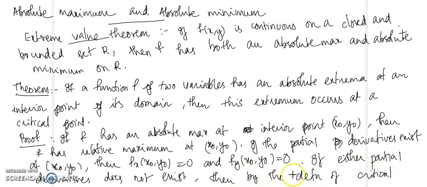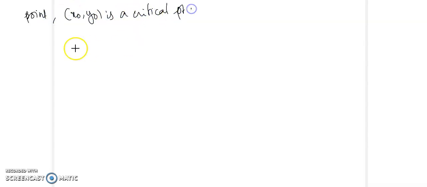So if the partial derivatives do not exist, then by the definition of critical point, again (x0, y0) is a critical point. So therefore this proves our theorem.